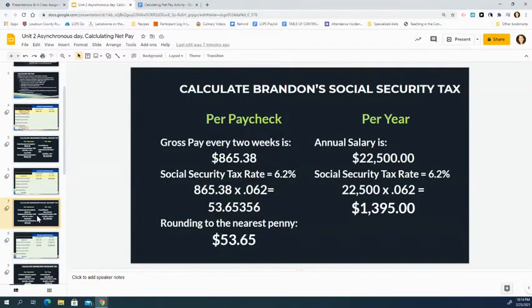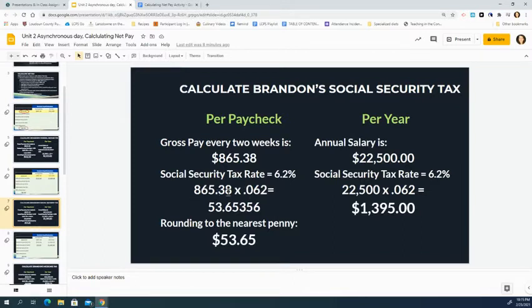Now, with Social Security, you're going to do the same thing. Social Security is also set up at a tax rate. So Social Security, or FICA, is 6.2%. You're going to take his gross pay for every 2 weeks, $865.38, and multiply that by the decimal for 6.2%, which would be 0.062. Remember, you move the decimal point over 2 places when you're changing a percentage into a decimal.